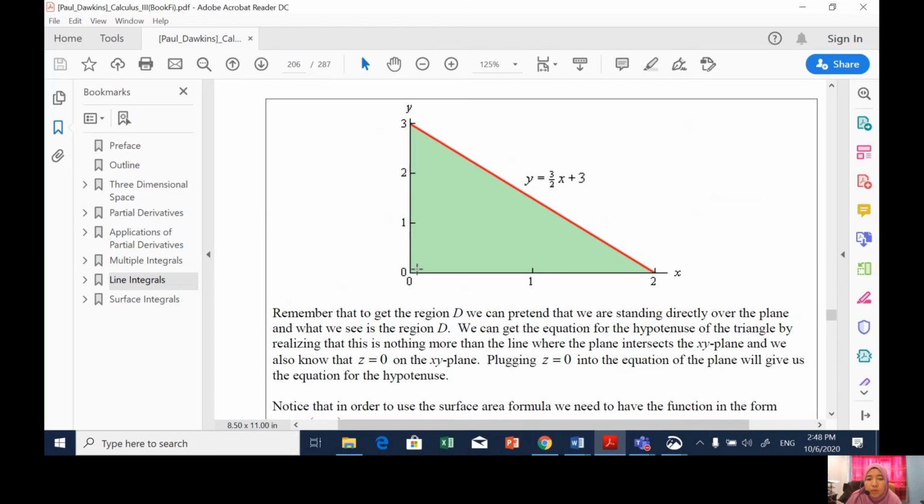For y, we go from 0 to this closed region bounded by the straight line. The lower limit for y is 0, but the upper limit is not a fixed value. We have an upper function represented by this equation. Because our x has a fixed limit, the double integral that we use here is dy dx, not dx dy.